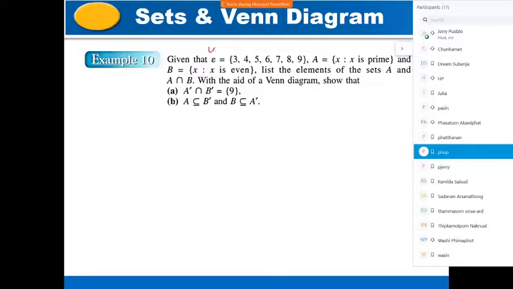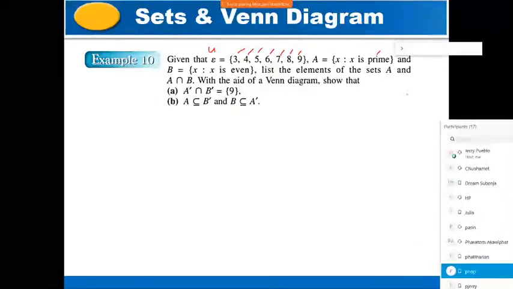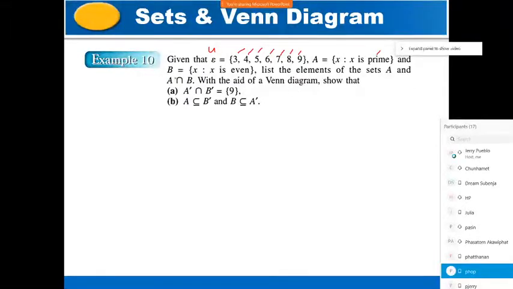Given the universal set, you have 3, 4, 5, 6, 7, 8, and 9. And then set A is x is a prime, you know, prime number, right? And set B is x is even.